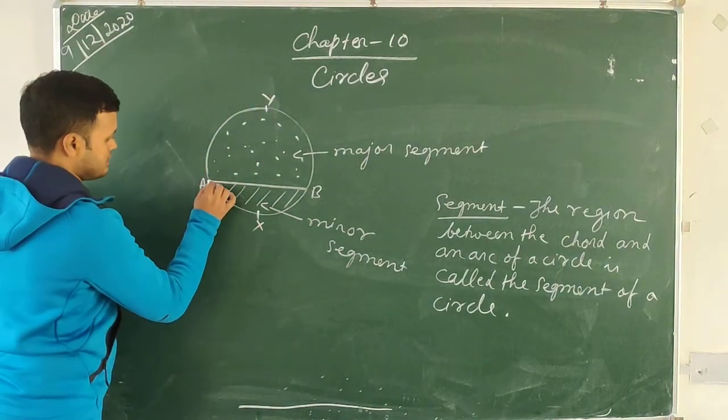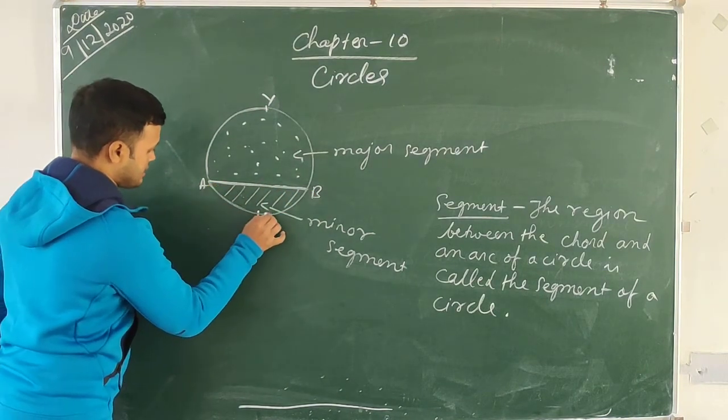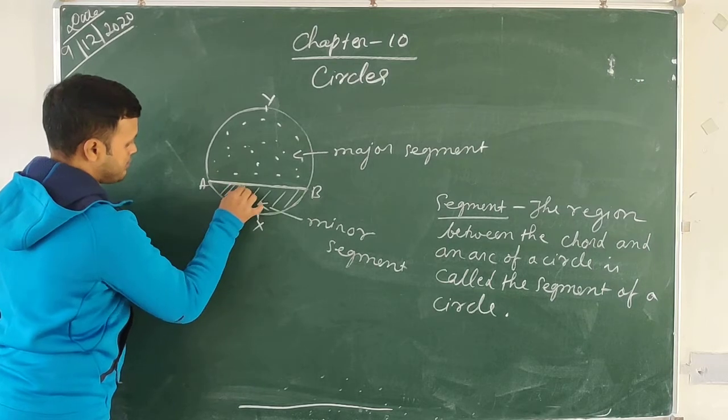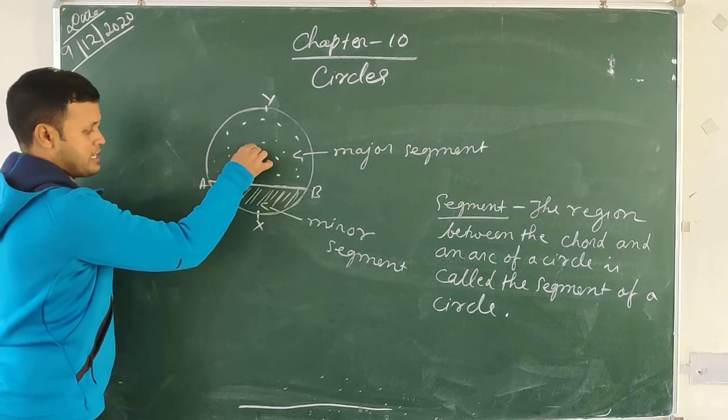See this chord. This chord is AB. AB is the chord, and this is the arc. This part is also a segment, and this part is also a segment.